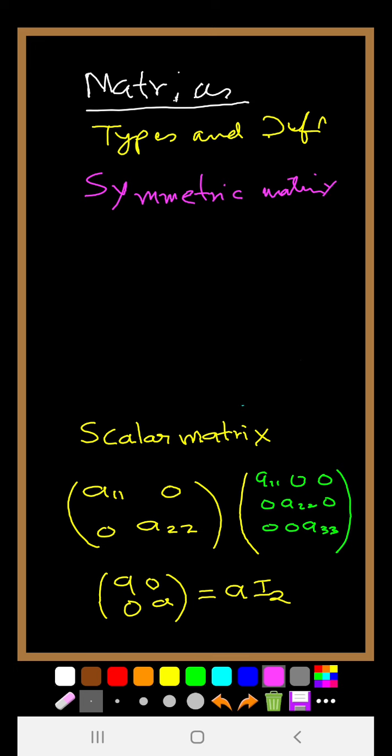A symmetric matrix is a matrix where the elements satisfy aji is equal to aij. For example, this is a symmetric matrix.